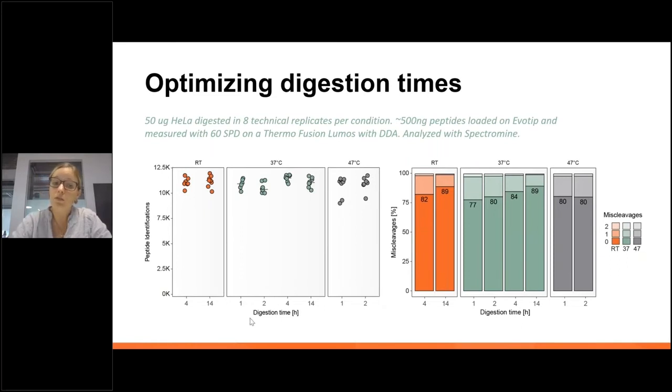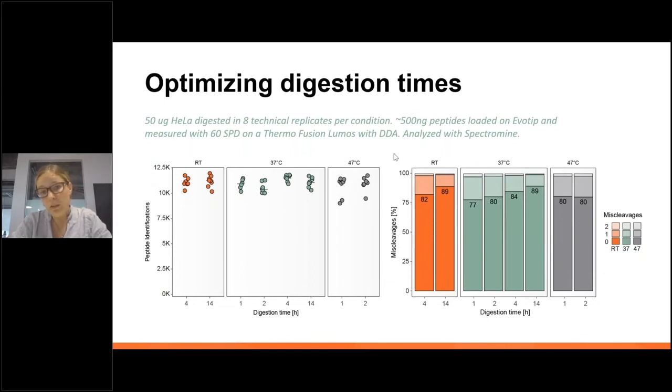We also saw, assuming that the 1 and 2 hours would be too short, if we could circumvent it by increasing the temperature to 47 degrees. And then we compared with room temperature at 4 hours and also overnight. We were quite pleased to see that ID-wise, we are all on the same level. This is again measured at 60 samples per day with a 50 microgram HeLa protein input.